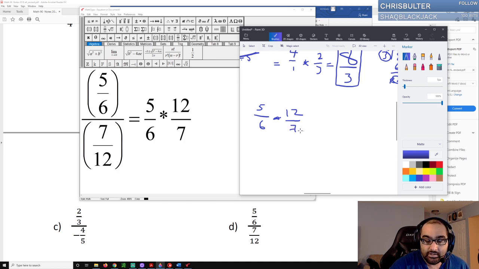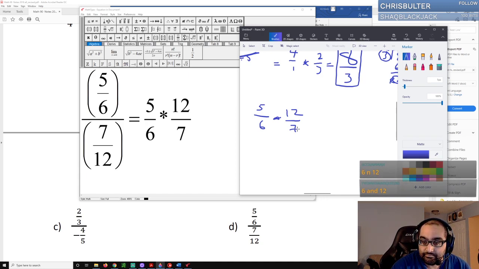Is there any number in common between the numerator and denominator here that we can reduce? Any common factor? 6 and 12 is correct. That's right. So we're going to divide each one by 6, since 6 is the common factor here.